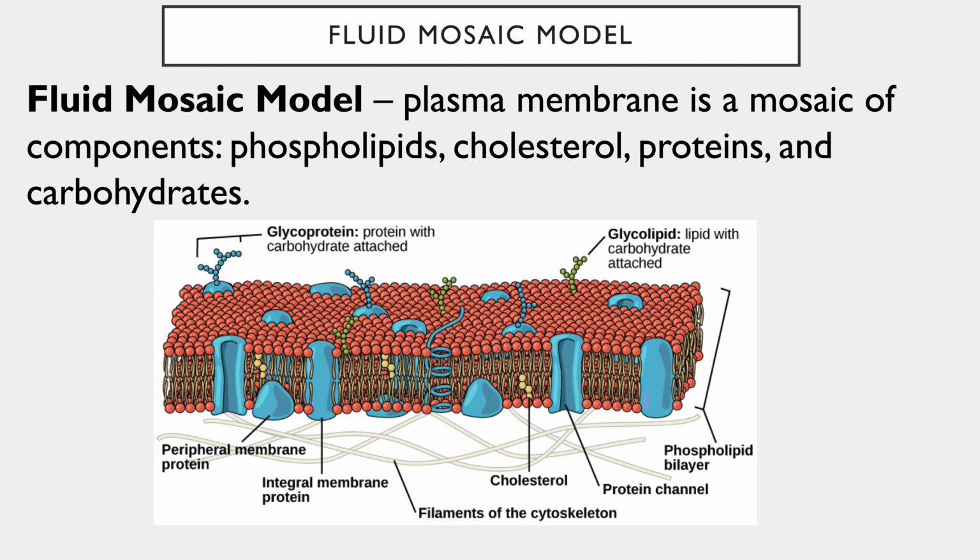The modern model for the plasma membrane is called the fluid mosaic model, where the plasma membrane is described as a mosaic model made of components including phospholipids, cholesterol, proteins, and carbohydrates. Take some time to pause the video and review the model shown here so that you can find examples of phospholipids and all the rest of the components of the fluid mosaic model here.